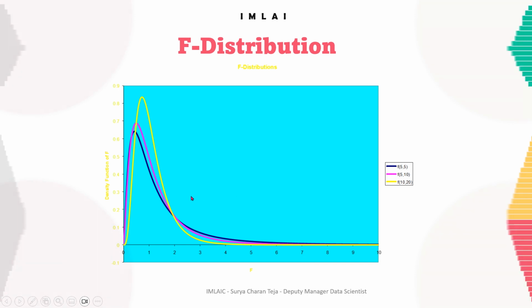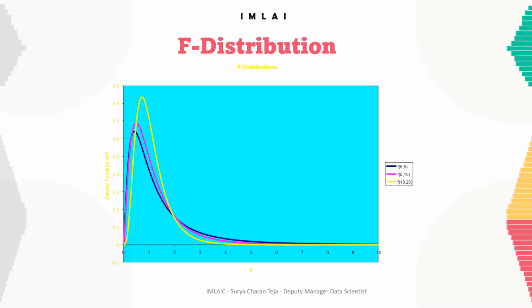The mean of the F distribution depends on the degrees of freedom, with the mean equal to nu2 divided by nu2 minus 2, where nu2 is the degrees of freedom 2. This is applicable only when nu2 is greater than 2.